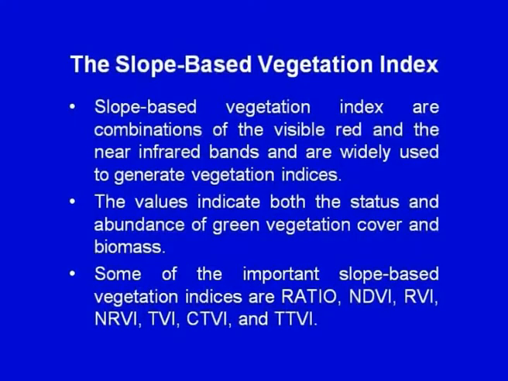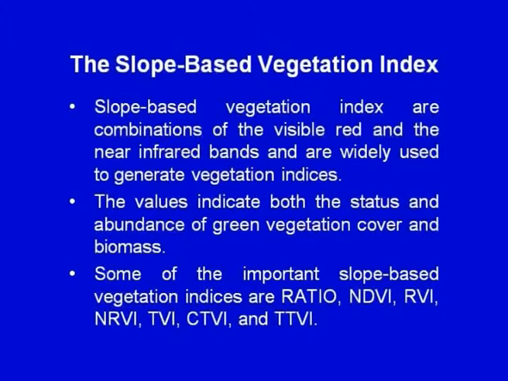So, now let us look at the different types of slope based vegetation indices. As I have said, slope based vegetation indices are combinations of the visible red and the near infrared bands and are widely used to generate vegetation indices. The values indicate both the status and the abundance of green vegetation cover and biomass.